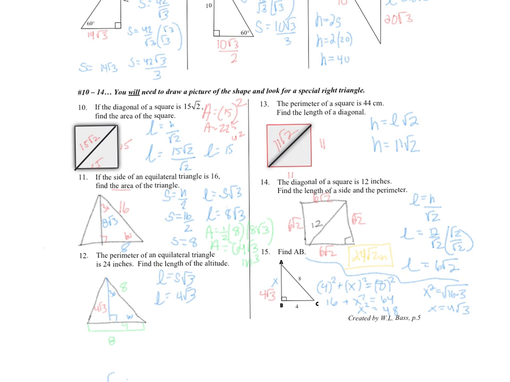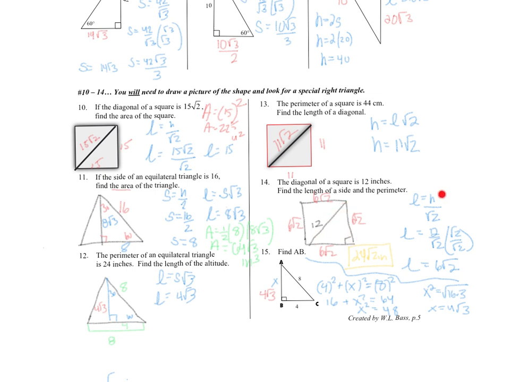If we look at number 14, the diagonal of a square is 12 inches. Find the length of a side and the perimeter, okay? So if we have a square, we would know all four sides are going to have to be equal. The diagonal is 12. If I take a square that has 90 degrees and put this diagonal in, that means this is a 45, 45, 90, in which I know the hypotenuse and I need to know the legs.